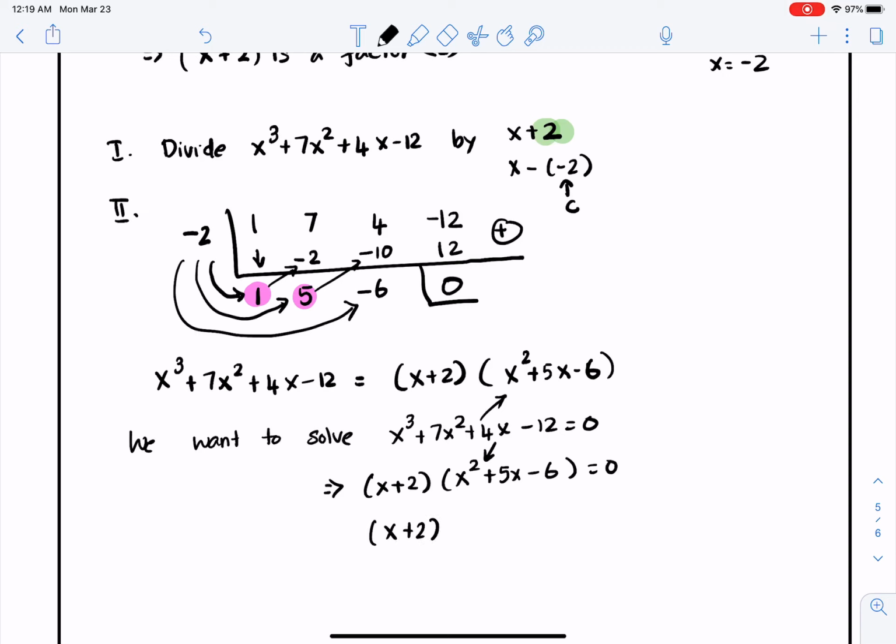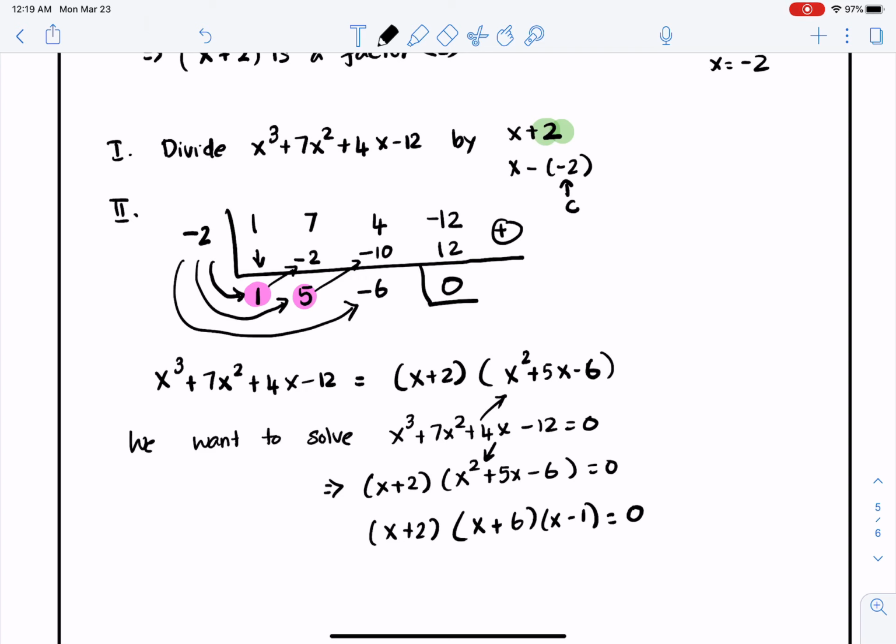And we can factor x squared plus 5x minus 6 as x minus 3 times... give me 1 second here. Expected the problem to go in a certain direction, but perhaps I'm using the wrong factor here. It should be x plus 6 times x minus 1 equals 0.